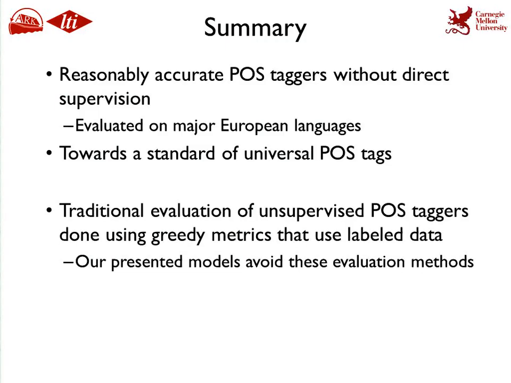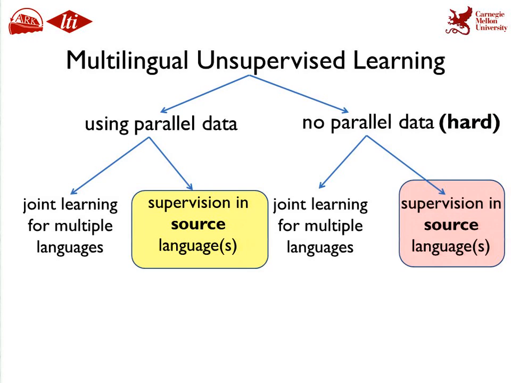And so again, unsupervised part-of-speech taggers are evaluated using metrics like many-to-one accuracy and one-to-one accuracy, which are controversial metrics, and we avoid those by using the projection mechanism that we have. Okay? Any questions so far?